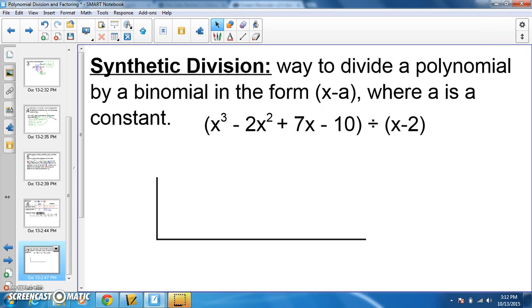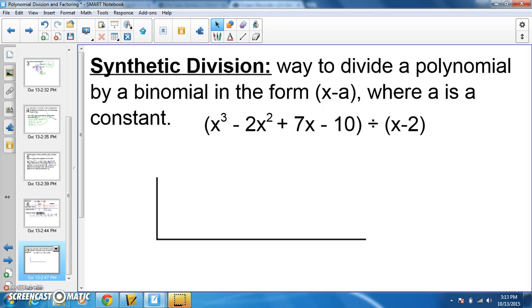We set up synthetic division with this upside down empty box, and we fill in our coefficients of the polynomial. If we have a missing value, then we would plug in 0 as that coefficient.